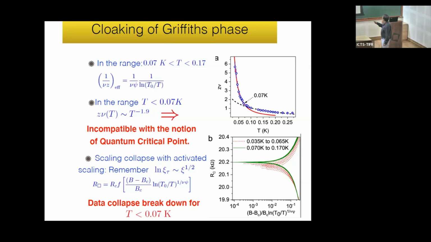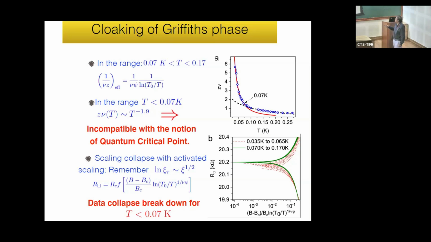So for large enough temperatures, you follow this dotted line, which is this log dependence. But as you go smaller in temperature, this takes off as a power law. Now, this power law divergence is incompatible with the very notion of a critical point, let alone an infinite randomness critical point.